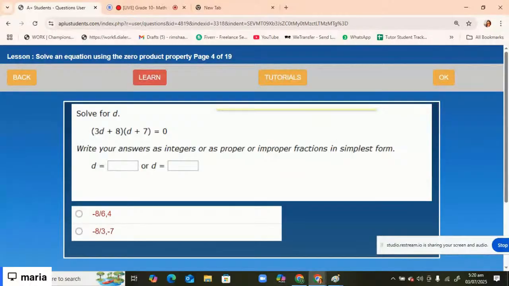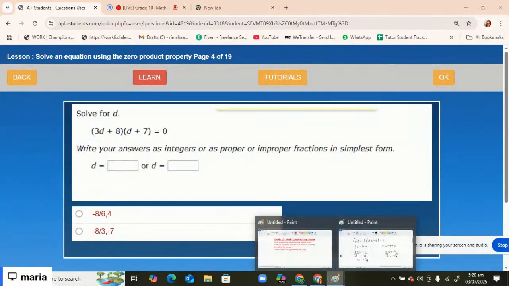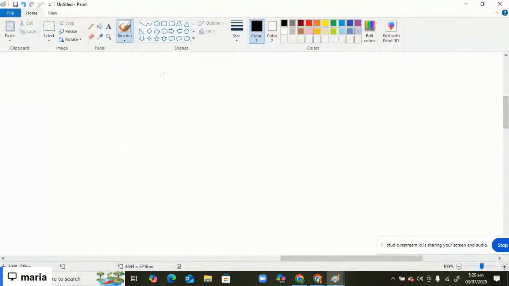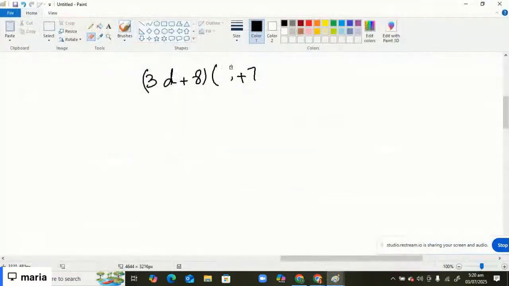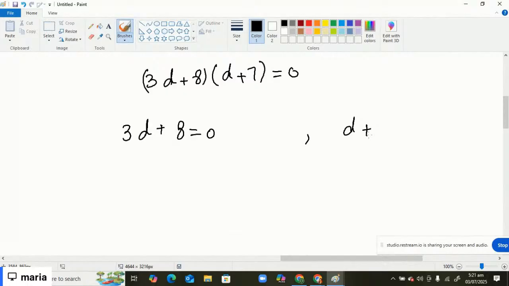(3d + 8)(d + 7). Let's do it. Now both separately equals to 0, and then just check. Okay. So 3d plus 8 is equals to 0 separately, and then d plus 7 is equals to 0 separately.